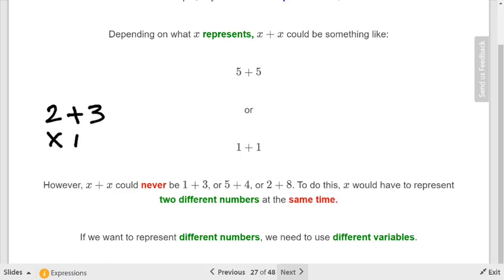Could I write that as x plus x? No way, because you can't use the same letters. What could I write? X plus y. You betcha. X plus y, A plus B, Z plus D. Who cares? It doesn't really matter what letters you choose, but because they're 2 different numbers, you have to choose 2 different letters, right? Good.